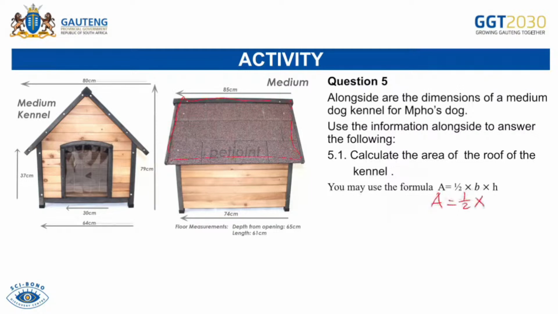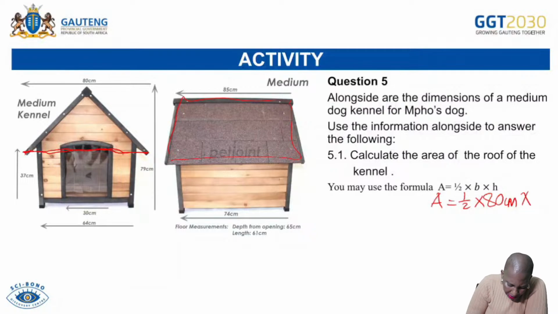What is our base now? When you look at this shape here, the kennel, here's the base of the roof. So this line shows us the base of the roof. And what is our base here? It is 80 centimeters.